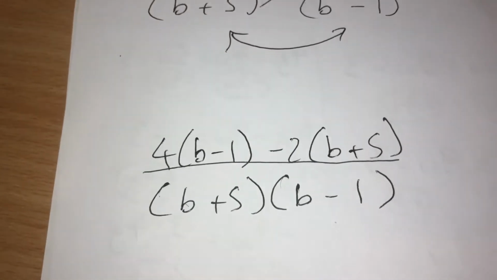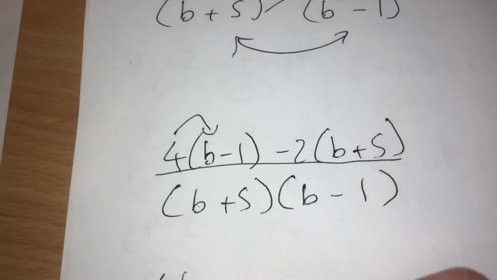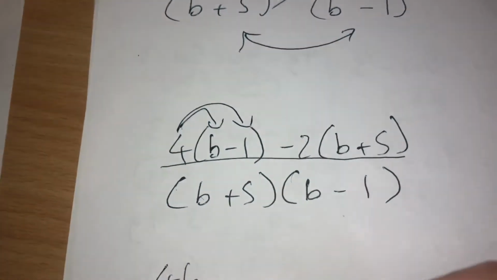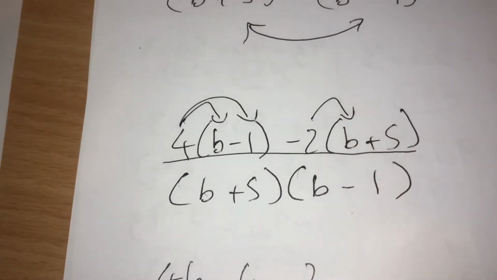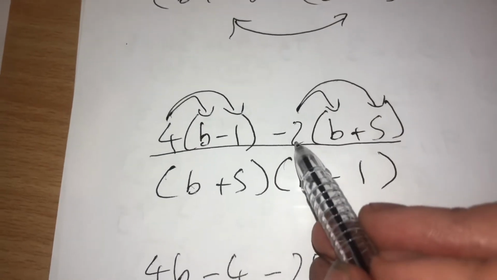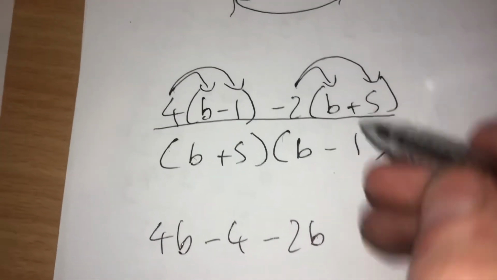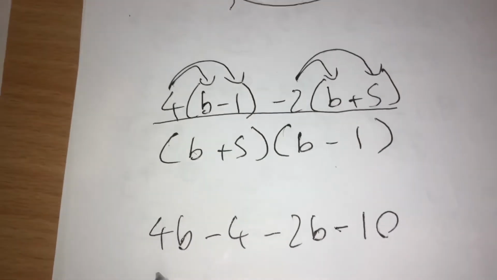We do need to multiply out the brackets on the top line. So 4 times b is 4b, 4 times minus 1 is minus 4, minus 2 times b, which is minus 2b, minus 2 times plus 5, so be careful here, you're doing a negative times a positive, which changes that to a negative, so it's minus 10, because 2 times 5 is 10, of course.